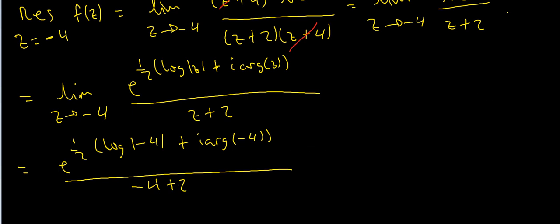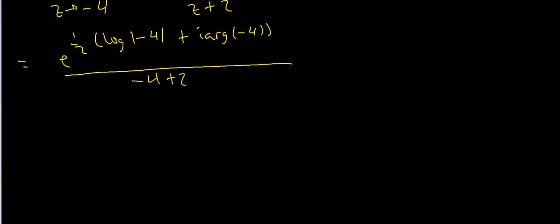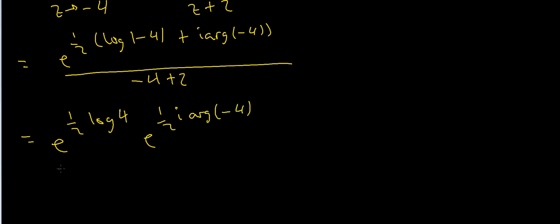And that's equal to what? Well, as usual, I can split up the exponential. e to the x plus y is just e to the x times e to the y. So that's e to the power 1/2 log, well, the absolute value of minus 4 was just 4, so that's e to the 1/2 log 4, times e to the 1/2 i argument of minus 4, all divided by minus 4 plus 2, which is just minus 2.